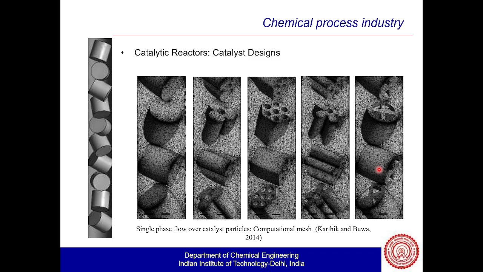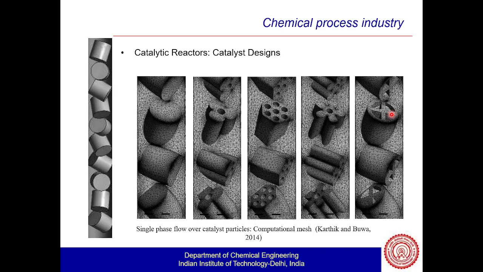Here these are the different catalytic structures which are present. This one is a cylinder, and these are trilobes, and different kinds of structures are present here. So you can see how the reactor efficiency changes with these catalytic beds, because they change the contact between the gas and the solid, which influences your reaction.